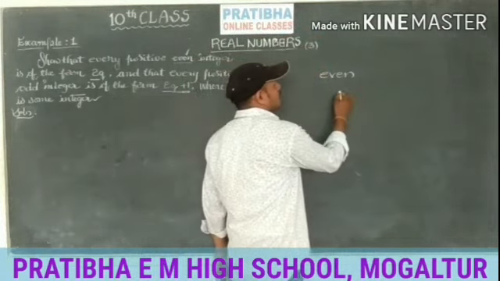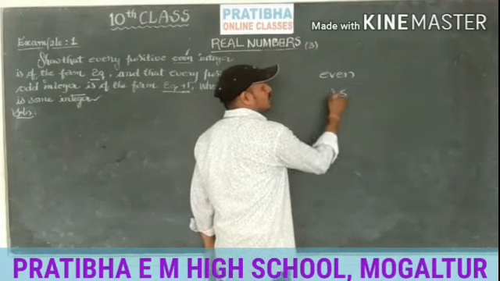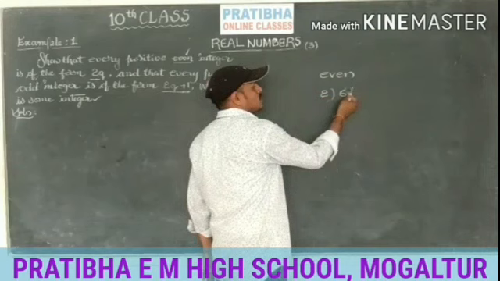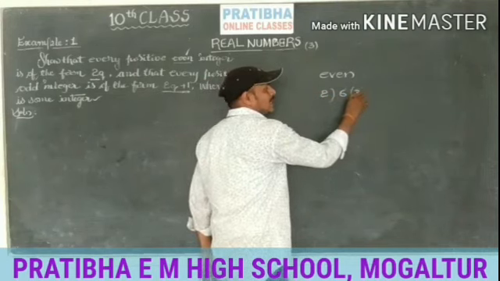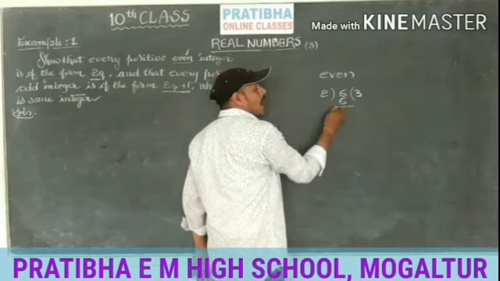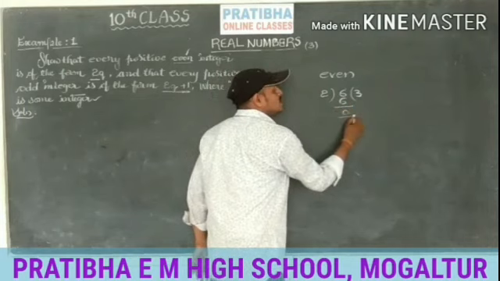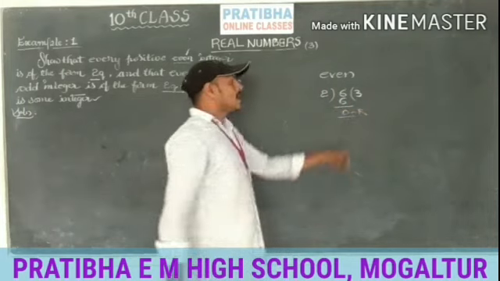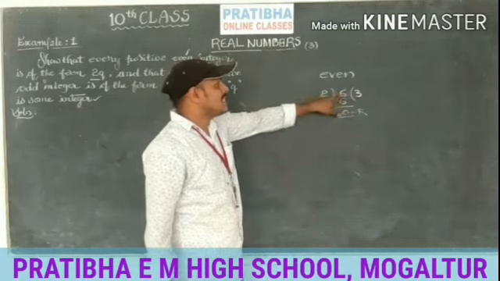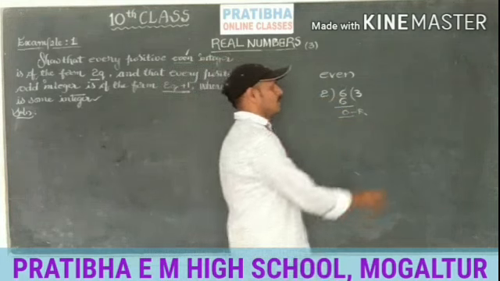Let us take any number, 6. When we divide 6 by 2, how many times does 2 give 6? 3 times. And the remainder is 0. So here the remainder is 0 when divided by 2. That's why 6 is an even number.